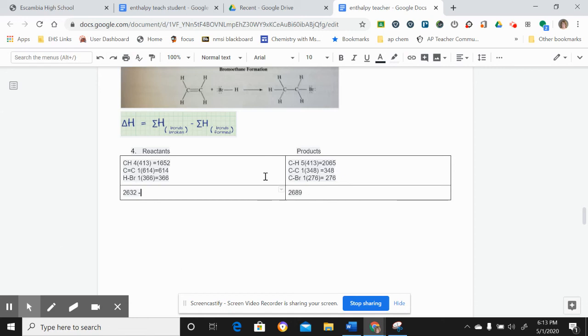And that should give you a negative 57 kilojoules per mole. It is a negative, therefore it is an exothermic reaction because the delta H is negative.